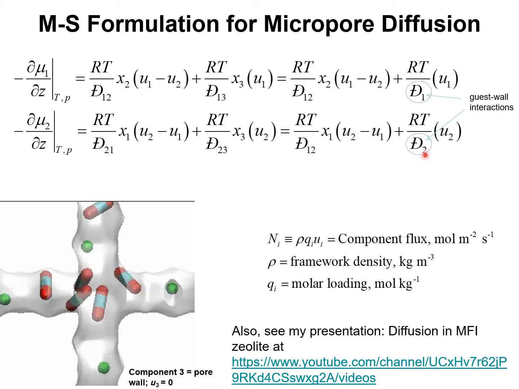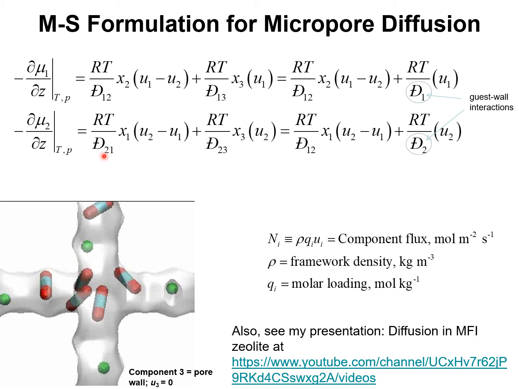Similarly, we define D2 as the diffusivity that reflects the interactions species 2 experiences with the pore wall.